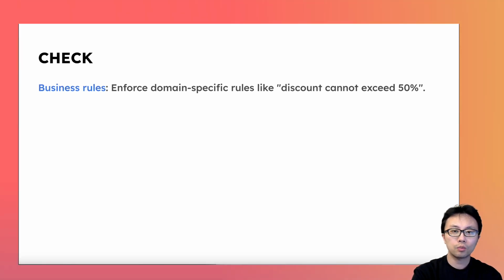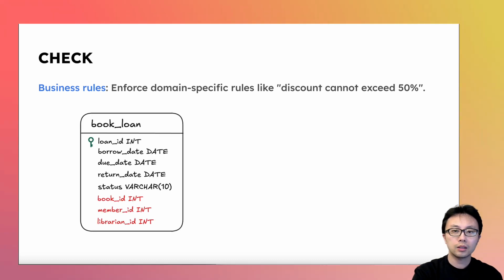First, enforcing business rules. As you conduct the requirement analysis for database design, you may gather some information about certain columns in an entity. Translating such information to SQL code requires the help from the check constraint. For example, think about a table representing book loans in a database supporting libraries.